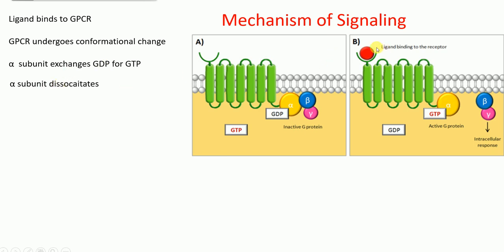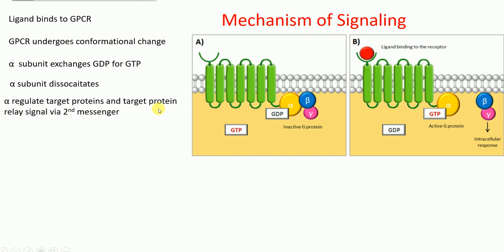So point number 1, the ligand binds to the G protein coupled receptor. The receptor undergoes conformational changes, the alpha subunit exchanges GDP for GTP, and the alpha subunit dissociates from the beta gamma dimer. Here you can see the alpha subunit is associated with the beta gamma dimer, and here is the dissociation.